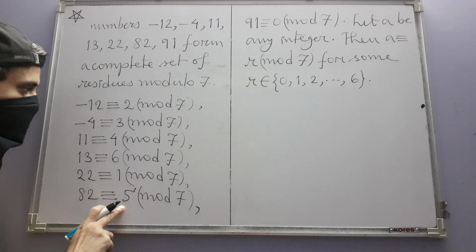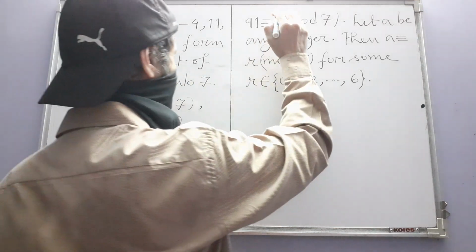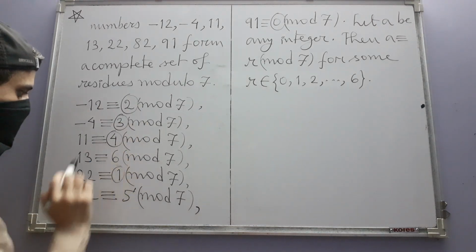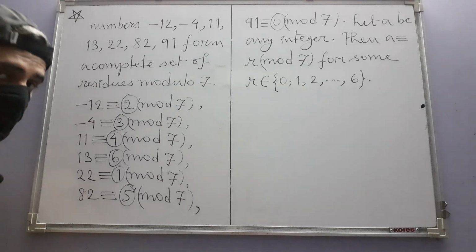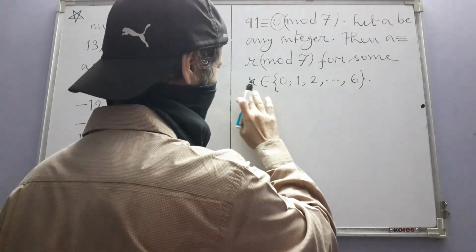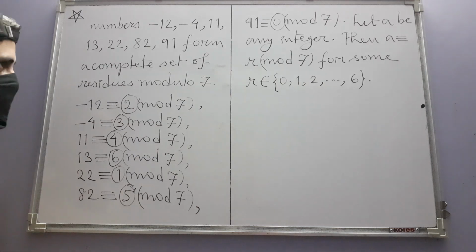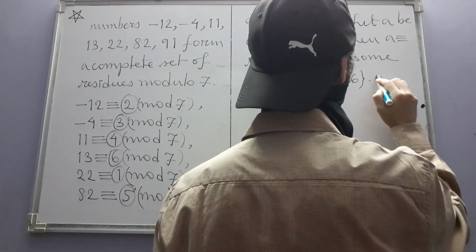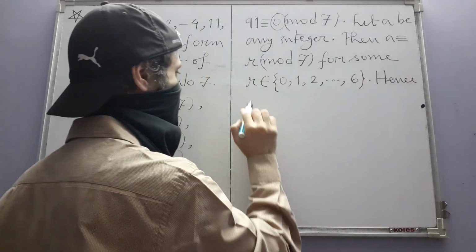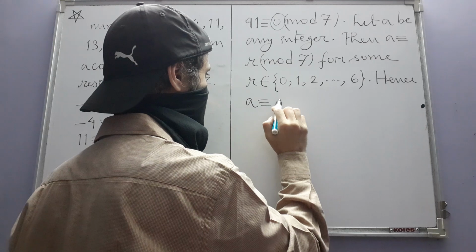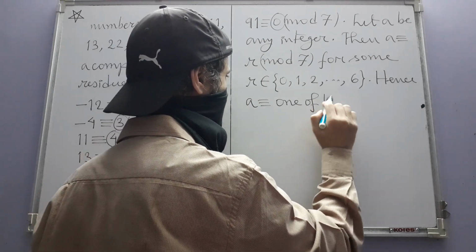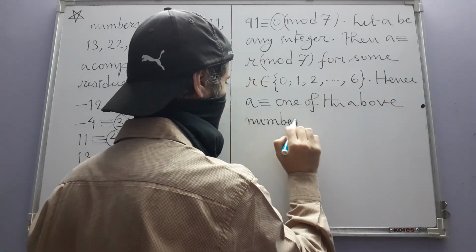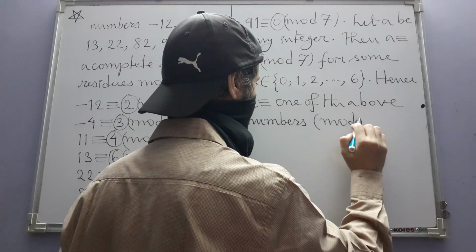Now, do we get all the r's here? Let us see. 0, 1, 2, 3, 4, 5 and 6. Yes. And that is why, because r is coming from this set and r will be appearing here somewhere, a is congruent to one of the above numbers mod 7.